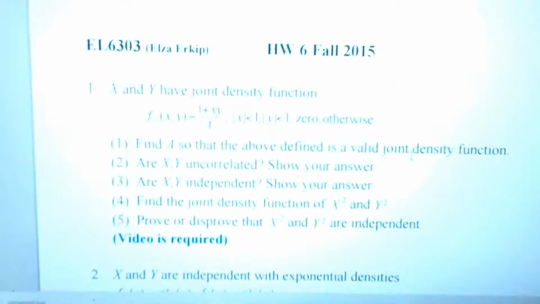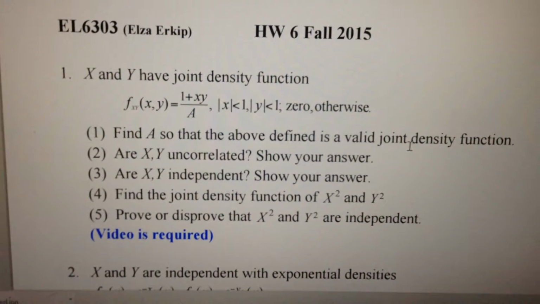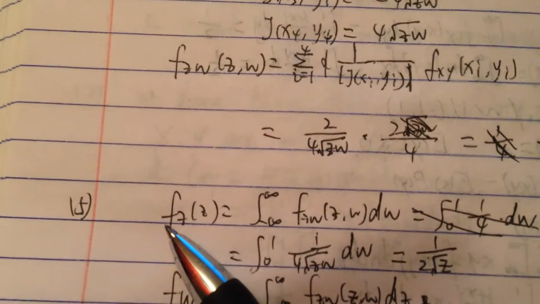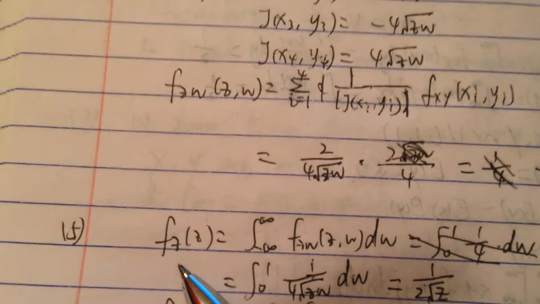And the last part, we have to prove or disprove that X squared and Y squared are independent. Let's first find the marginal density function from the result in the previous part.